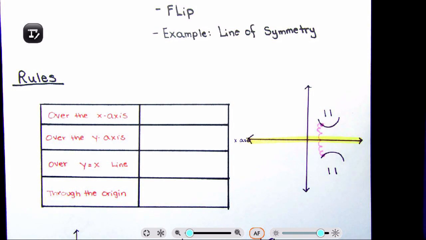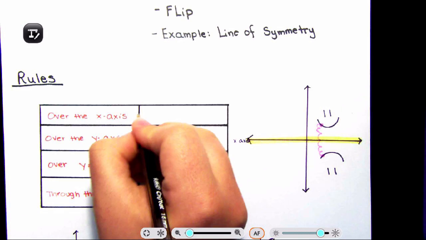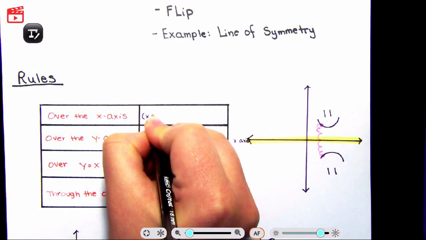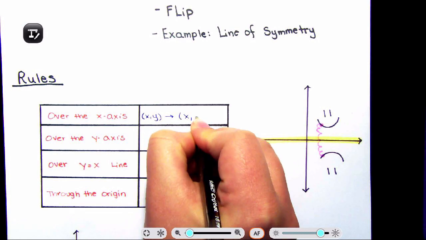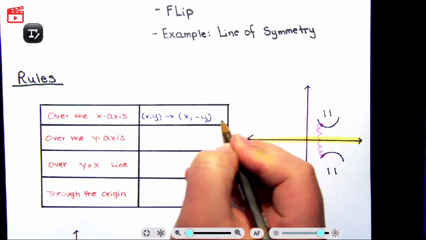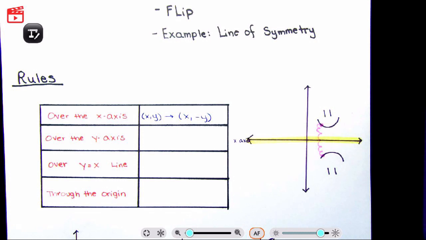So when you are reflecting something, the line that you are reflecting it over is kind of like your line of symmetry. So let's talk about our rules. So for reflections, we have our original point going to x comma negative y. And again, the negative, think opposite.